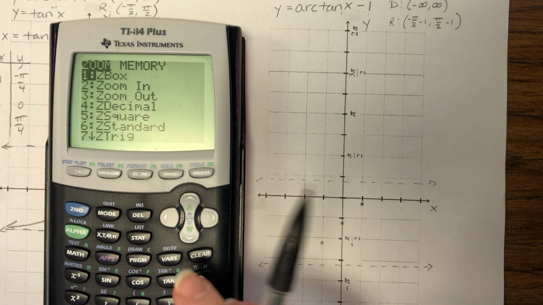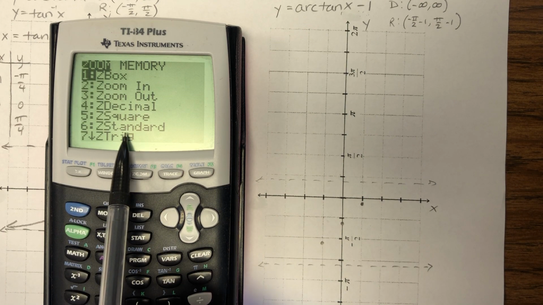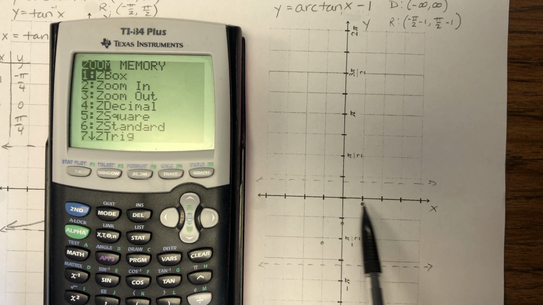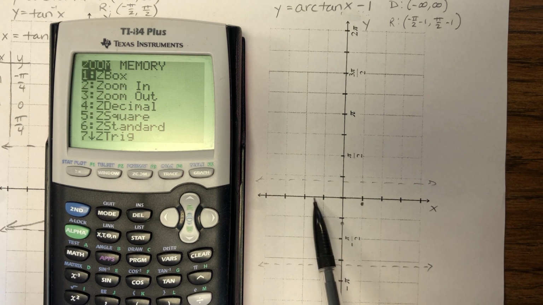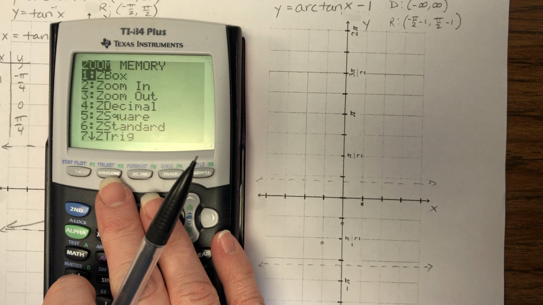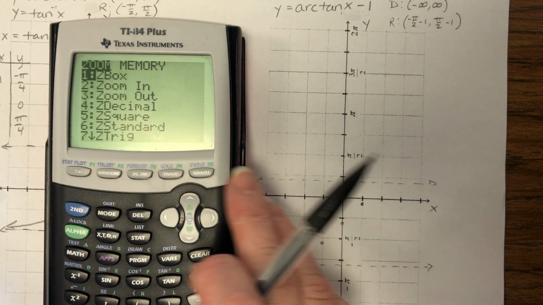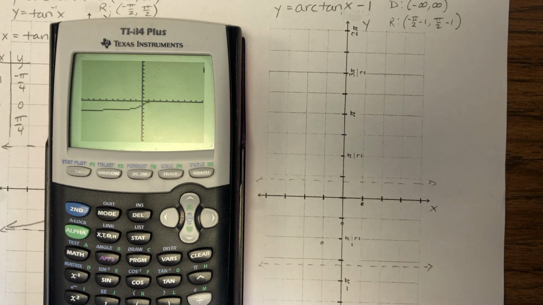And I'm going to go to zoom standard just because this is back on 1, 2, 3. If I wanted to, under my window, I could change my y-axis, and I'll show you in a second. But you can see what this is going to look like. It's going to come down here, come up here, and that's right.